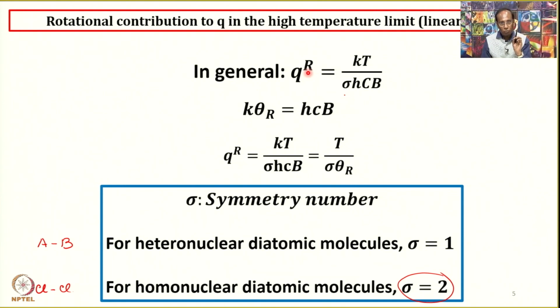But in order to use this result, I am reiterating that you will have to calculate the rotational temperature, which can be calculated from the value of B. B is an experimental result because B is equal to h cross by 4 pi c I, so the moment of inertia is needed. Once you have the value of B, you can get the rotational partition function.